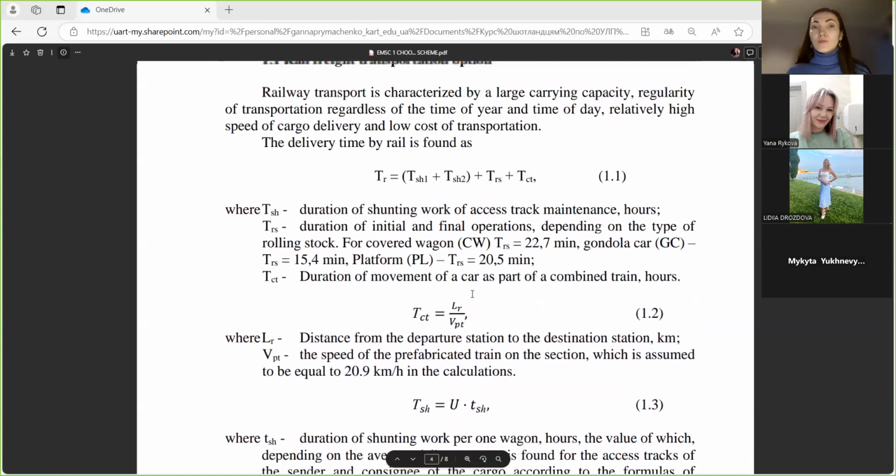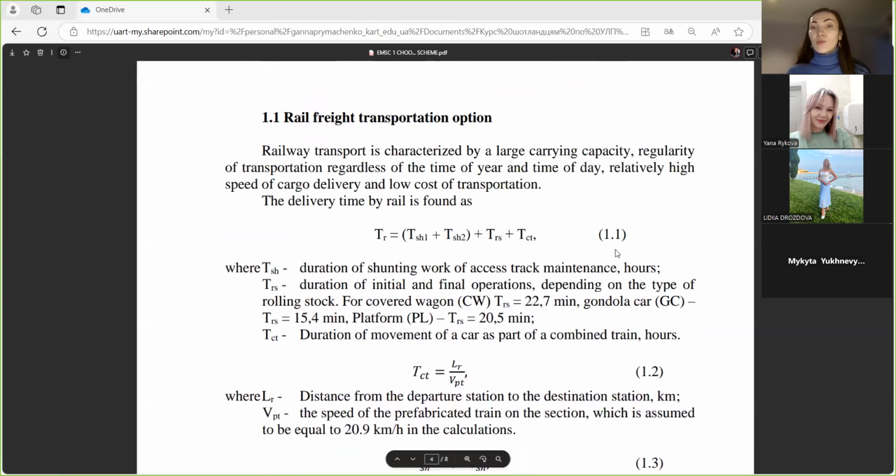Okay, after this formula, we come back to our first formula, formula 1.1. Let's say it is the delivery time by railway transport. It is the whole delivery time from the first position, the manufacturer, to the station of departure, when we have already delivered our cargo.